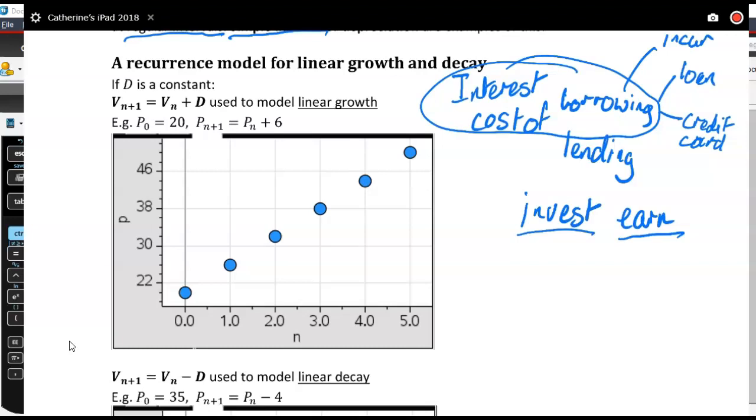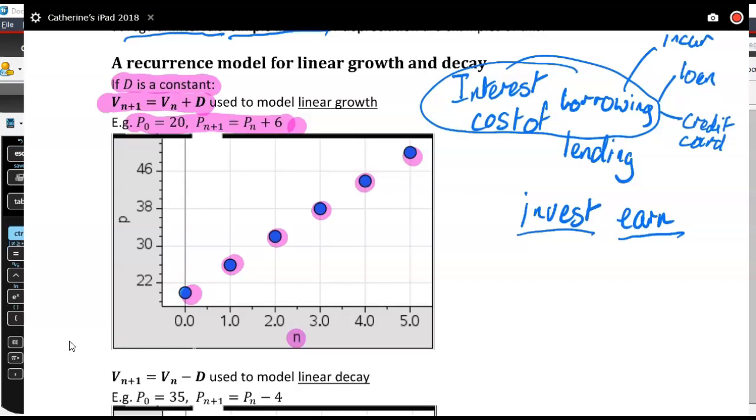So here is a model of a rule, where D is a constant. D is unchanging. Here I've got my example where my initial amount was 20 and that D was 6. So you can see it's going up by 6 each period. It's going up by exactly the same amount each time.